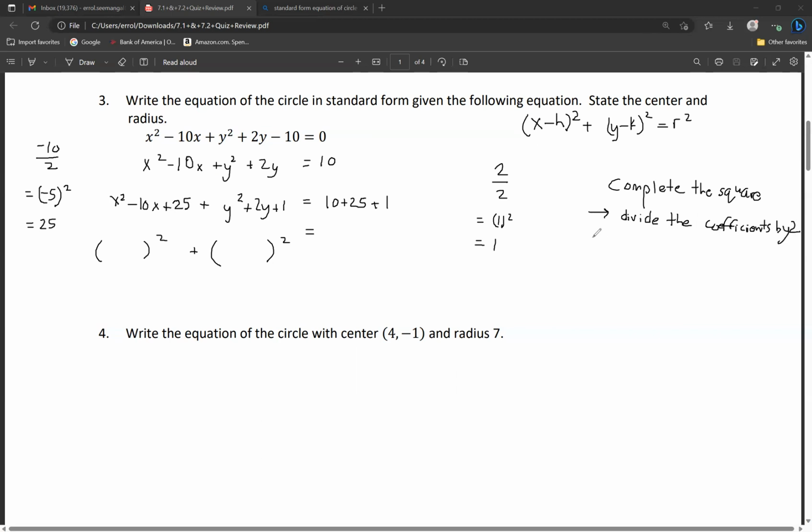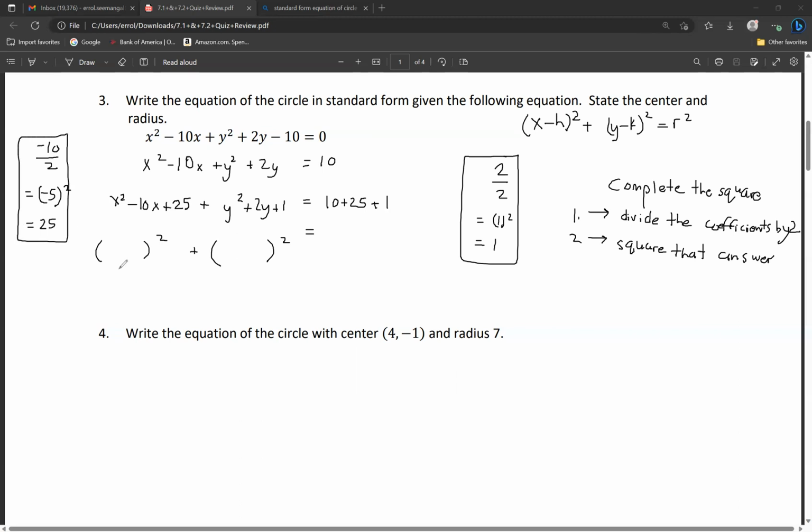That's the first thing. The second thing is take that answer and square that answer. That's step 1 and step 2 for both of them, right?